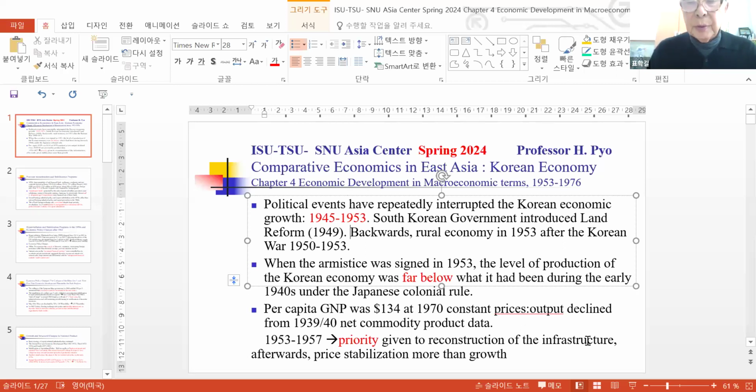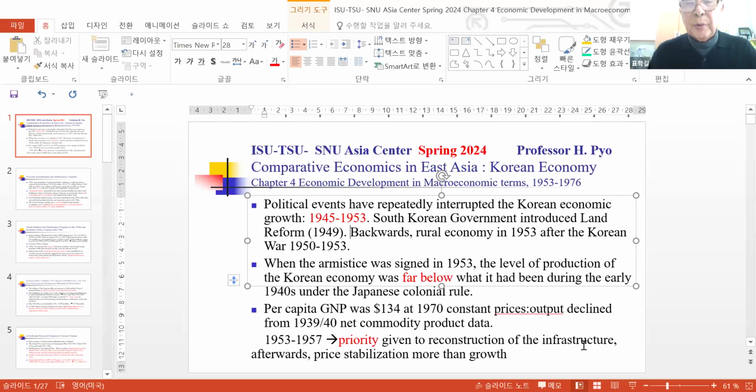Bridges were destroyed, and a lot of infrastructure was destroyed. So reconstruction was the primary economic policy target. Priority was given to reconstruction. Then, once reconstruction was making progress, price stabilization more than growth.